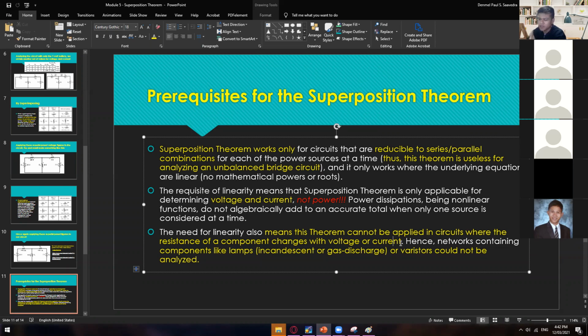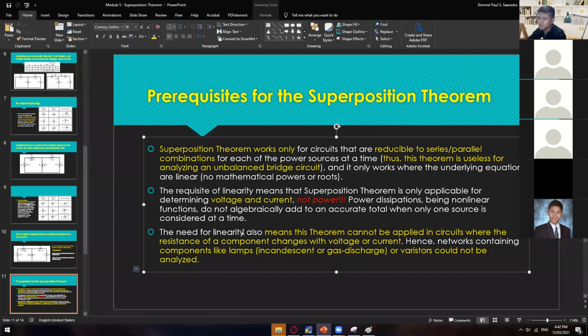So in other words, if we only have these 3 components, the voltage source, resistors, and current source, then yes, superposition theorem is super useful. But if there is another component, let's say a capacitor, inductor, or diode, then you cannot use this theorem anymore.